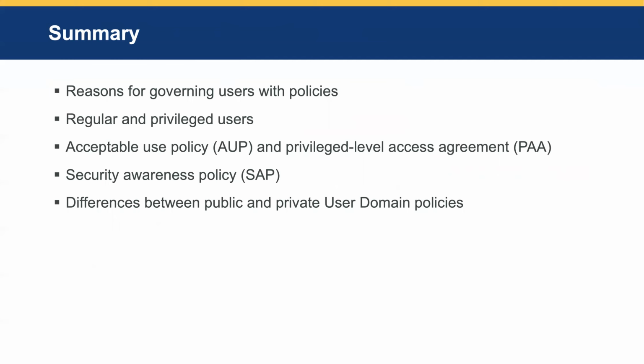We've discussed security awareness policies, as well as the differences between public and private user domain policies. These are all important considerations to keep in mind, as security policies are an effective way to reduce risk and govern users. If we have effective security policies in place, then we're able to identify high-risk activities and minimize any negative effects that they can have on the organization as well as our technological networks.